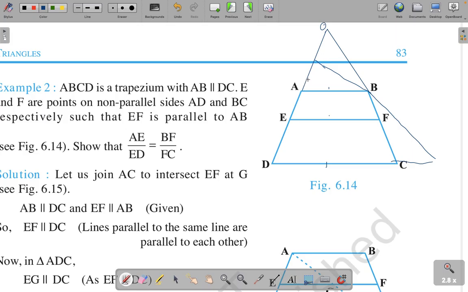But the non-parallel sides of our trapezium are equal, right? This and this, it is not always true. Right, so that is a different type of trapezium. I believe it is a regular trapezium.